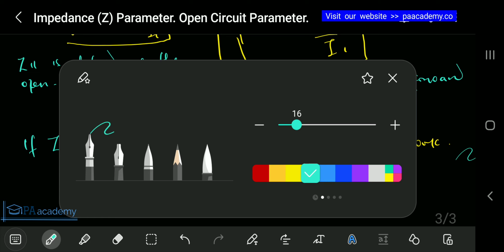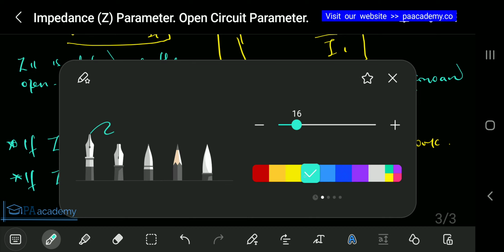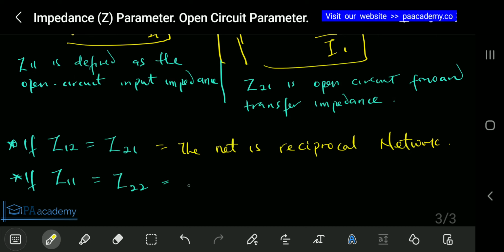Also, if you solve a question, just take note of this also. If Z11 is equal to Z22, don't worry, we are going to see examples of this one I'm talking about. So if you do your calculation and you get your value for Z11 and Z22 and you see that they are the same value, then you can say the network is symmetrical.